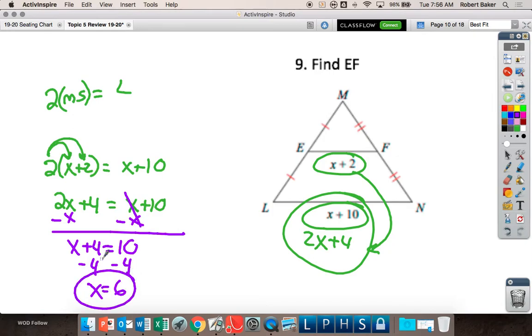Always, always, always check your work. 6 plus 2 is 8, and 6 plus 10 is 16. And it says that the mid-segment is half the length of the third side. So all the math works out pretty there.